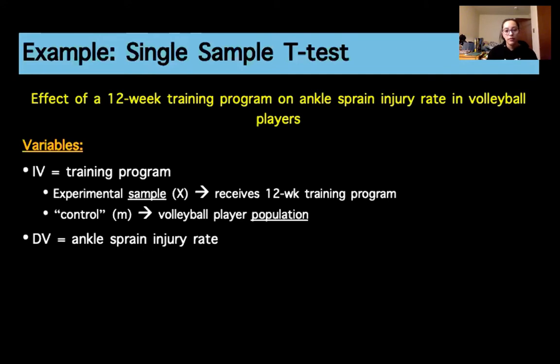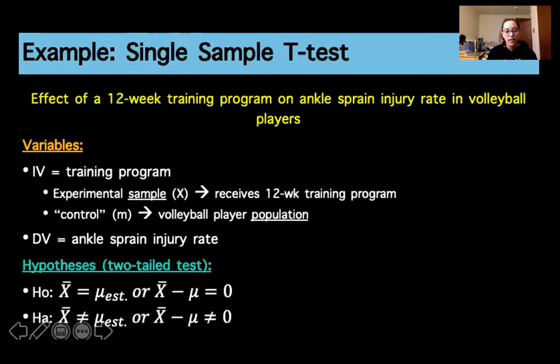Okay, so if we were using a two-tailed test, right, meaning that we could have significant differences above or below the mean, then we would have these examples of null and research hypotheses. So the null hypothesis, again, would say that our sample mean is equal to our population mean, right?